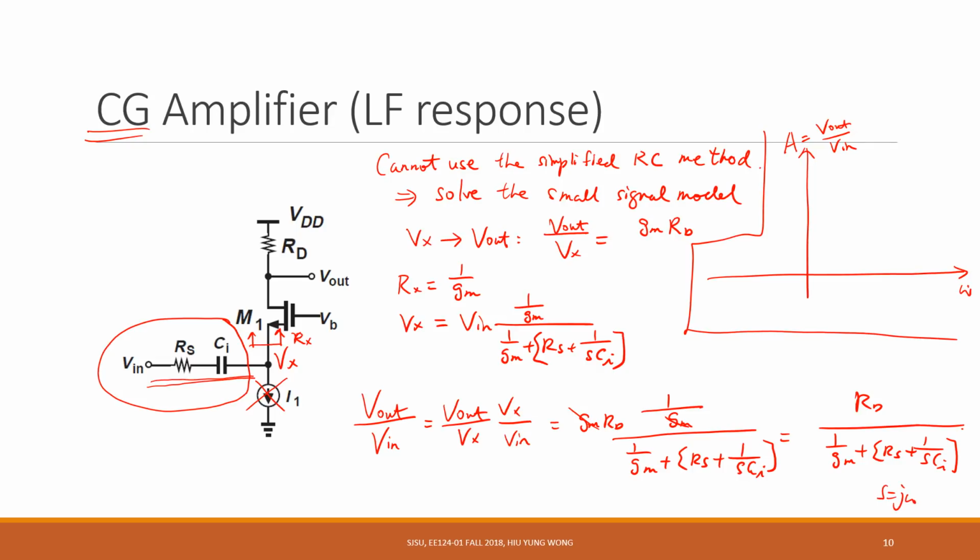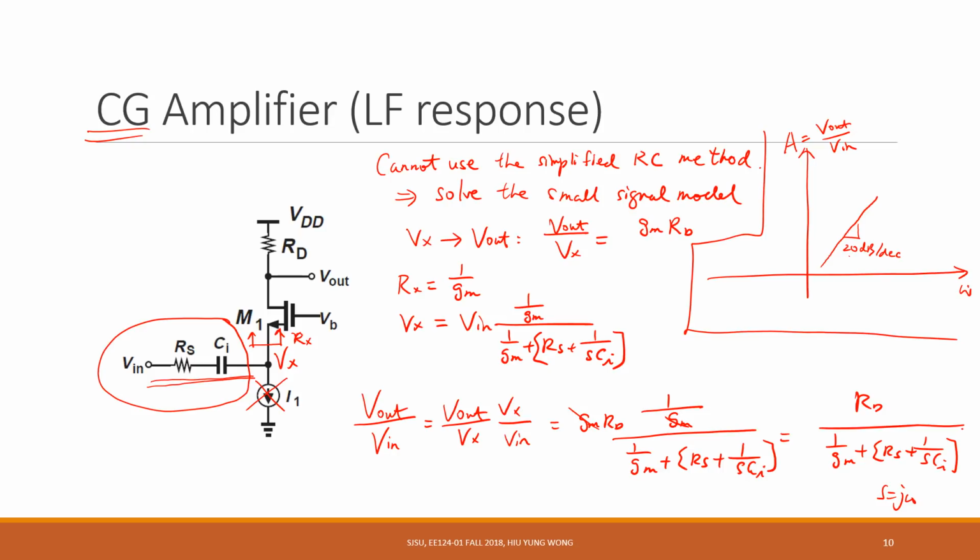S is almost 0 when it's very small. If it's almost 0, then it means the 1 over sCi term is very large. So it's dominating. As a result, you actually have a high pass filter with 20 dB per decade. Okay?